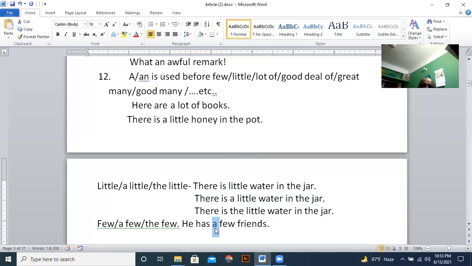But he has few friends. That is a negative word. He has the few friends. Affirmative. He has a few friends. Affirmative. Okay, that is the difference between little and few. Okay, my dear students.